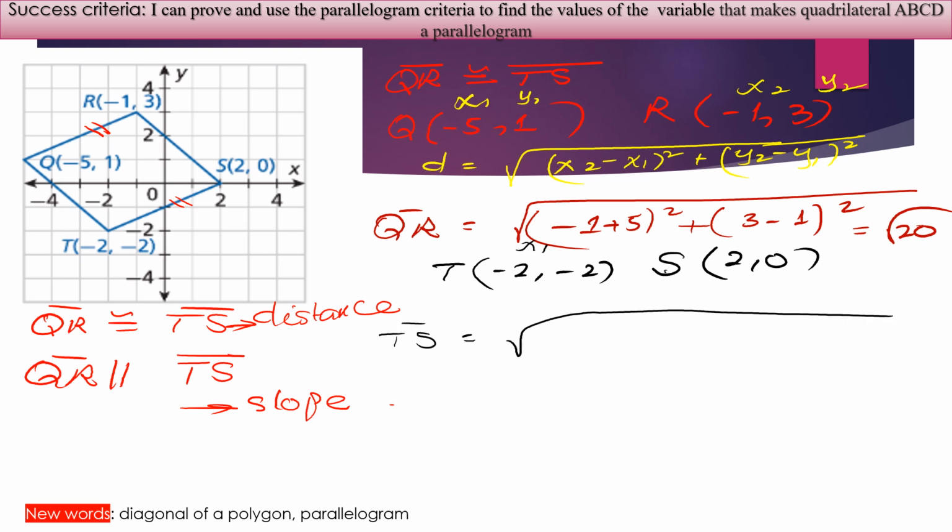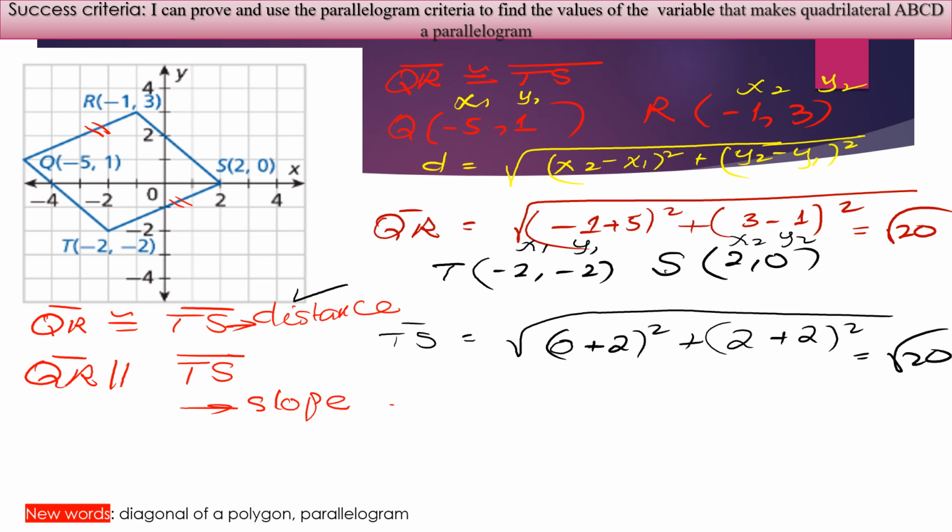Name it as x1, y1, x2, y2, and y2 minus y1: 0 minus -2, so it is +2 whole square. x2 is 2 minus x1 is -2, so it will give us +4. So it will be 4, 16 and 4. So we have again got the 20. So what have we proved? That yes, QR is congruent to TS.